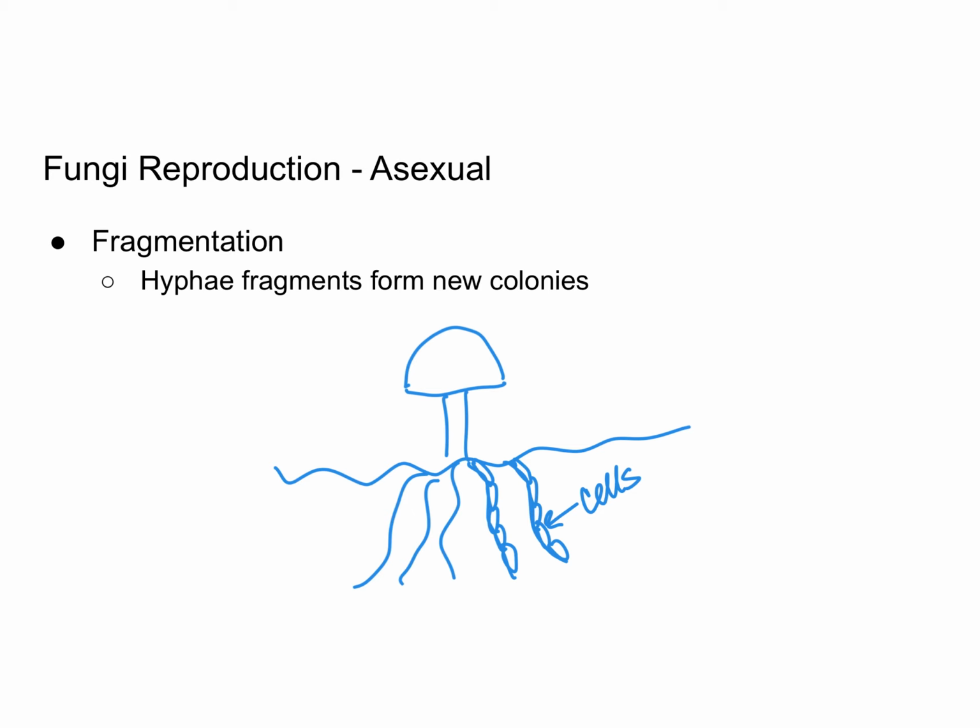And so what can happen is that part of this hyphae can break off, and then it can start to go through mitosis in order to form more cells, which ultimately forms a new hypha and ultimately forms a new mycelium.